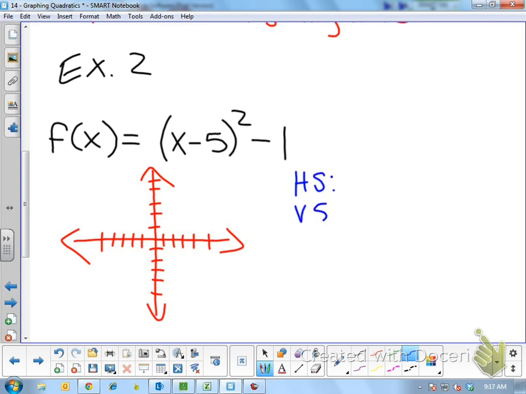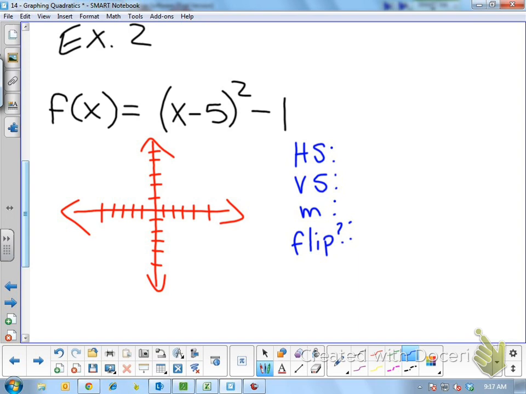What is the vertical shift? What is the slope? Do we flip? And also some information we haven't talked about yet. We're going to name the vertex, and if we have a max or a min. The graph is provided on the homework. The stuff on the side you're going to have to write in. There wasn't a good way to include it on the program I used to make up the assignment.